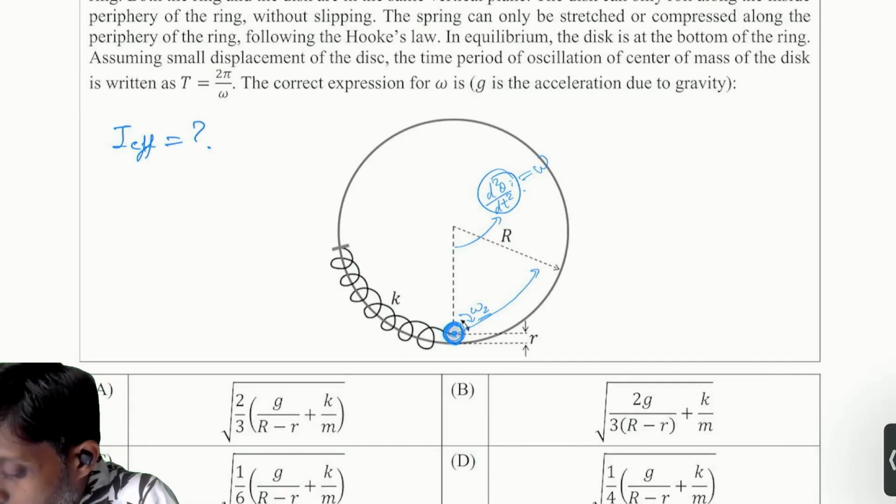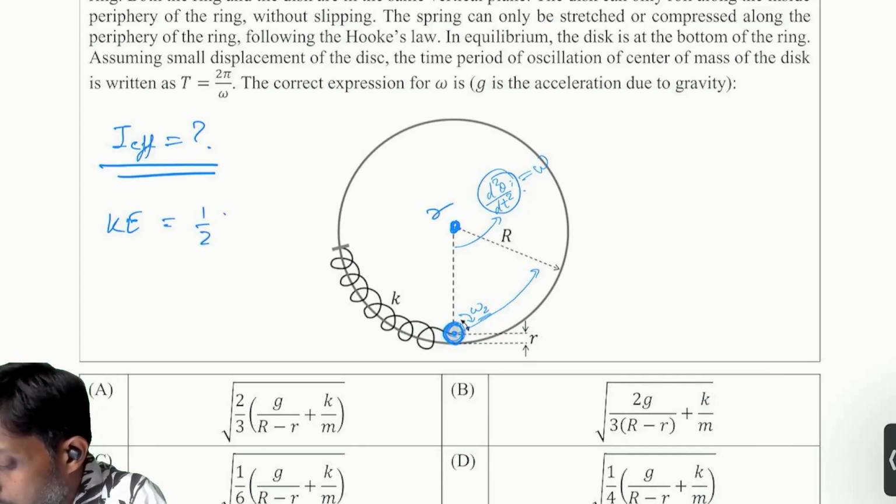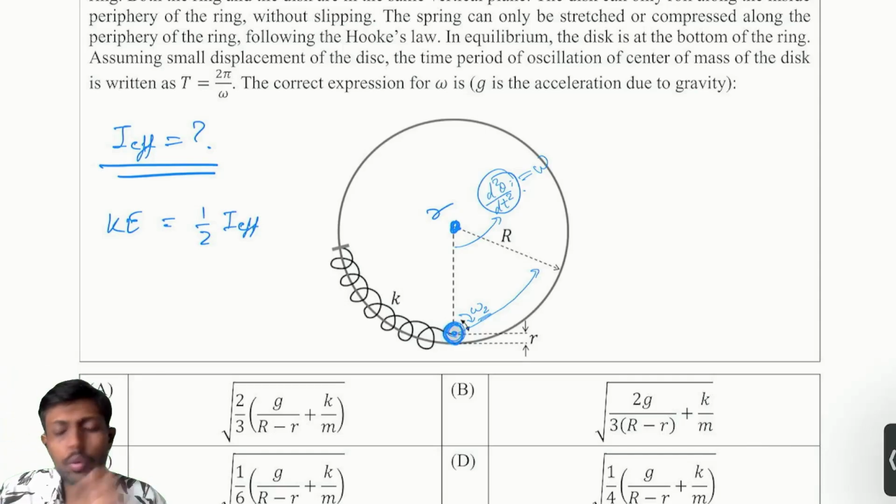I effective. So kinetic energy, writing from this axis, we can write half, whatever is the I effective that we have to find, omega square. This is the omega we are talking about.